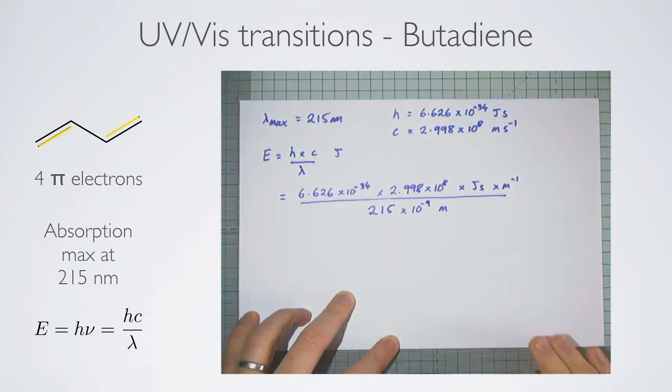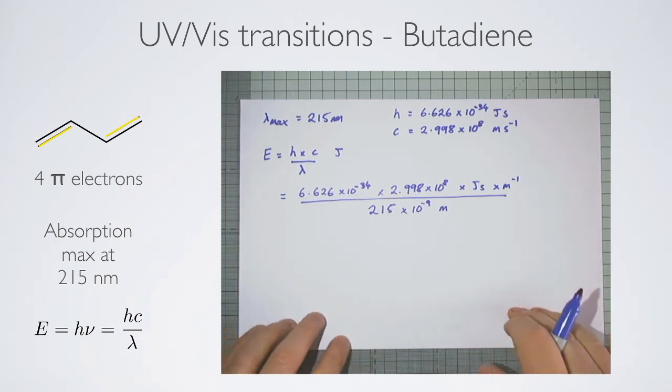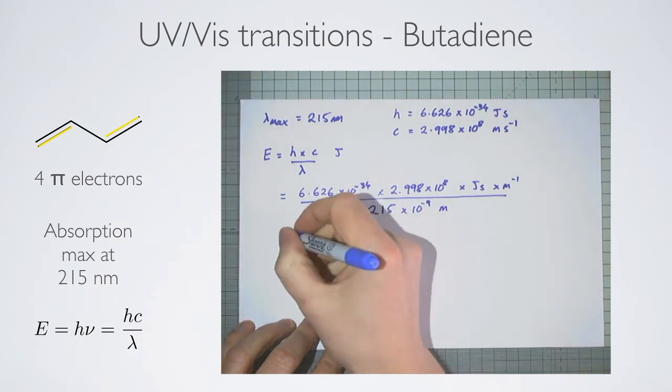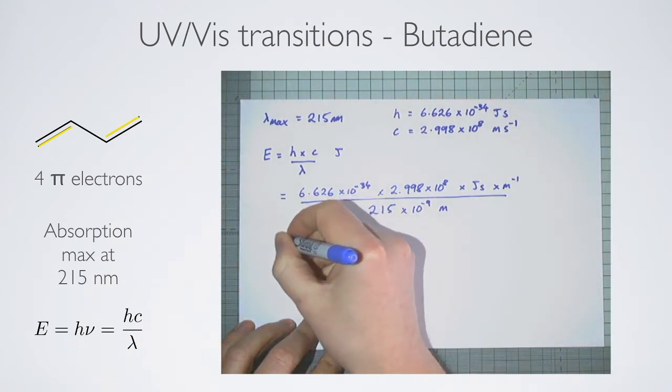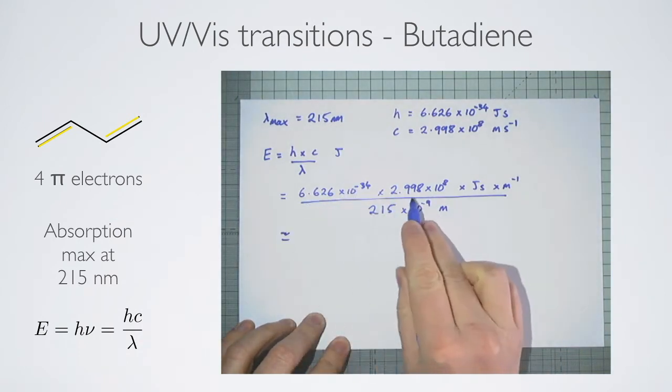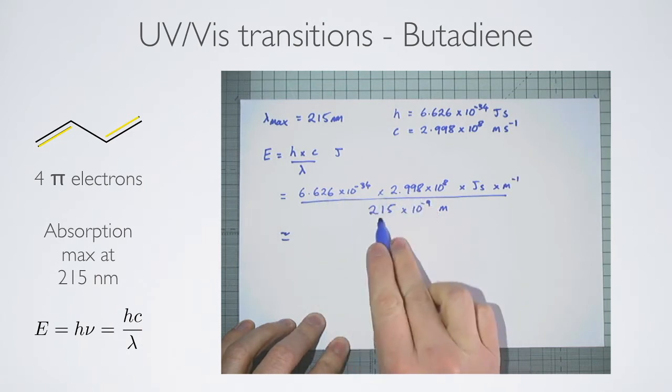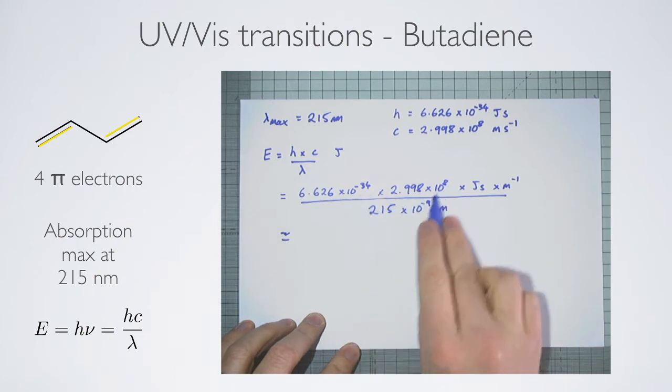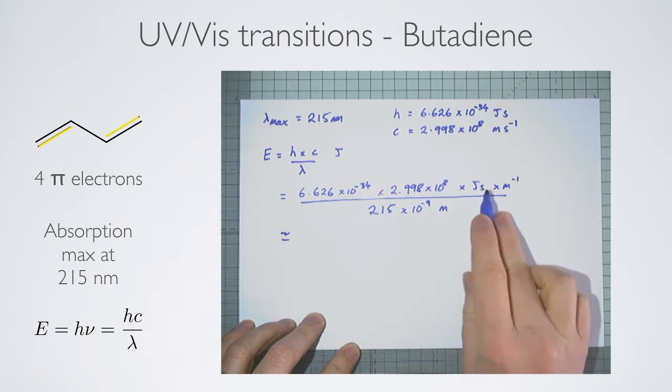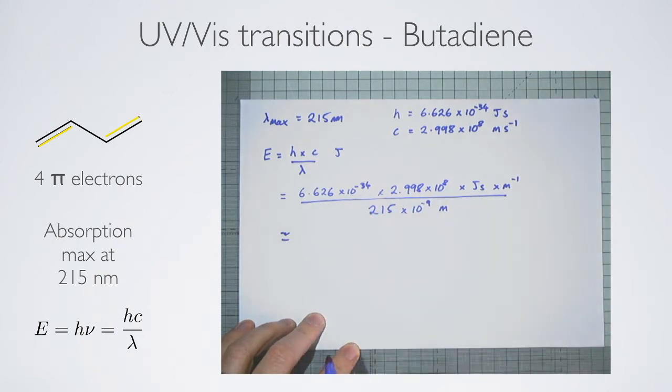Okay, now we could put these values into our calculator. But firstly, we don't always have our calculator with us, and secondly, we don't need to have the exact value to understand what's going on. So let's do some approximation. Let's simplify this equation a little bit. What we're going to do is take the significands out, combine them, then take the exponents out, combine them, and then take the units out and combine them.